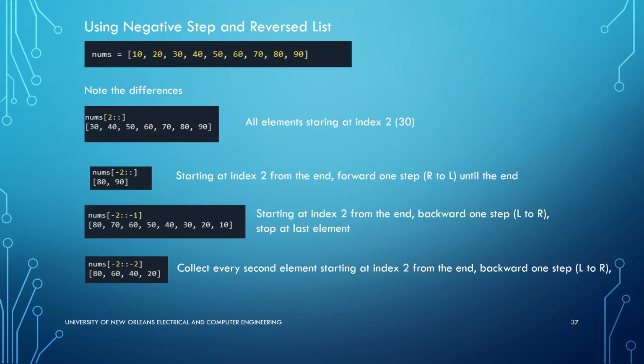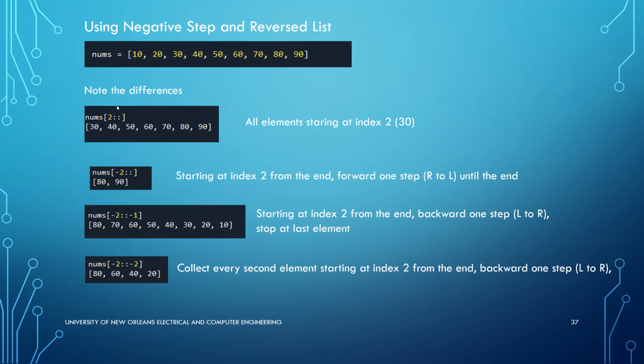More on reverse lists, negative steps. Again, let's go back to the nums list. And notice the differences here, right? If I do start index 2, and I'm going to run till the end, because I don't have anything in the middle here, and the step is going to be 1.